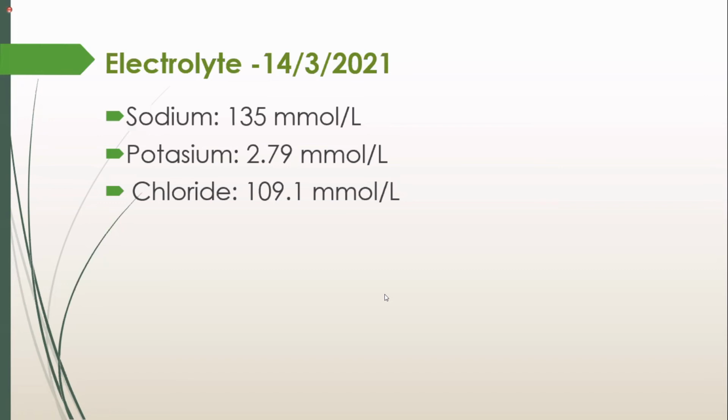Potassium, as you know, is the main intracellular cation. Sodium, obviously, is the largest extracellular cation. So if you have a low potassium in circulation, you can be sure that her total body potassium is low.